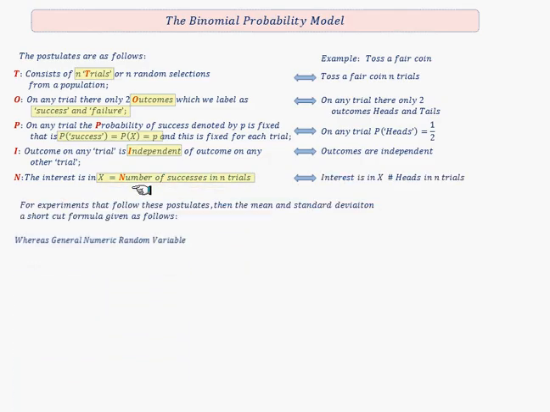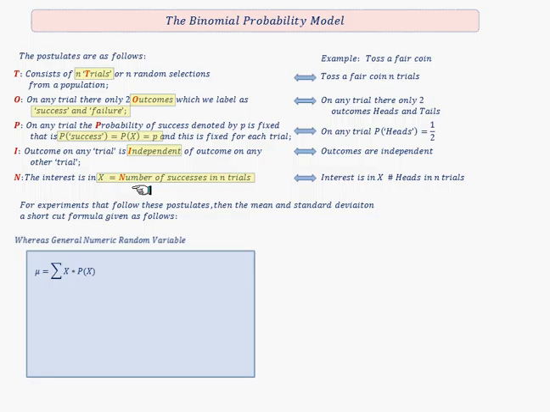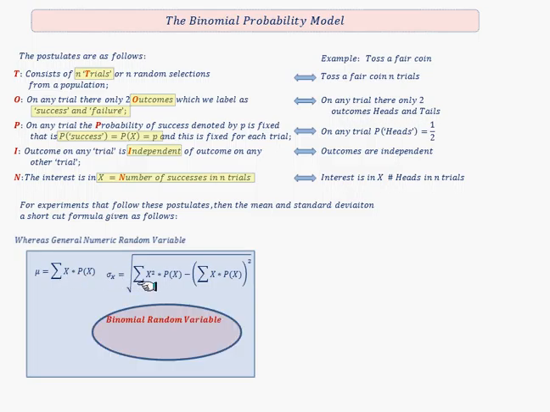Here we see the case for a general random variable X. To find the mean and standard deviation, we must use these formulae here. For the special case of a binomial random variable, there are two shortcut formulas given here. The mean is mu equals n times p, the number of trials times the probability of success, and so on.